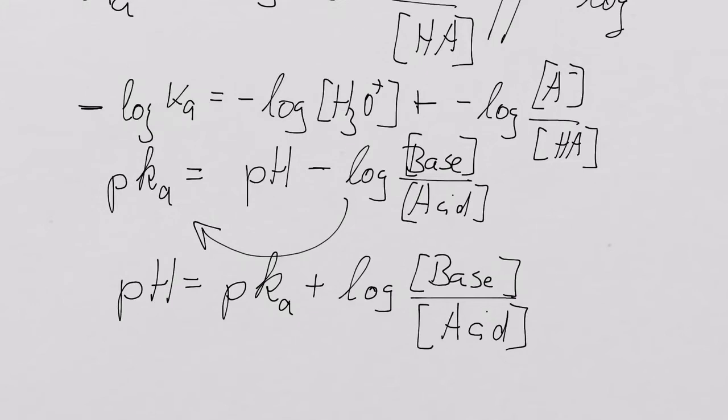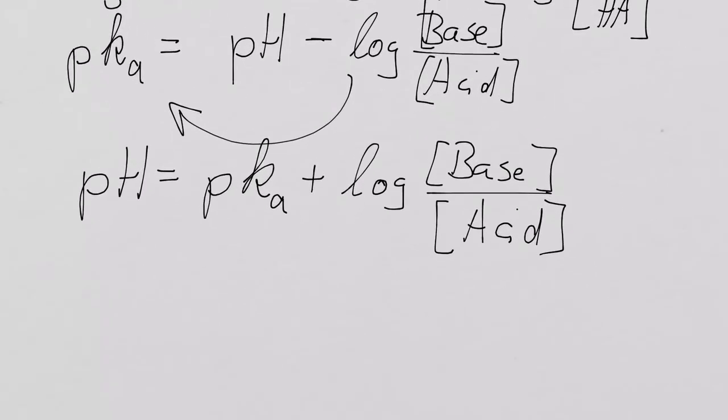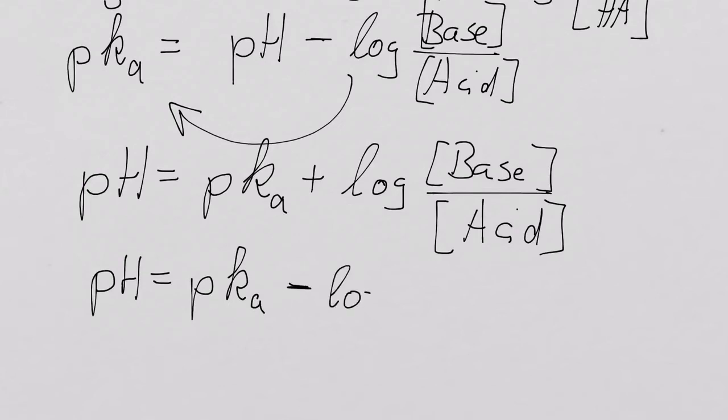Or you can write that in a slightly different form. You can write this as pH equals pKa minus log acid over base.